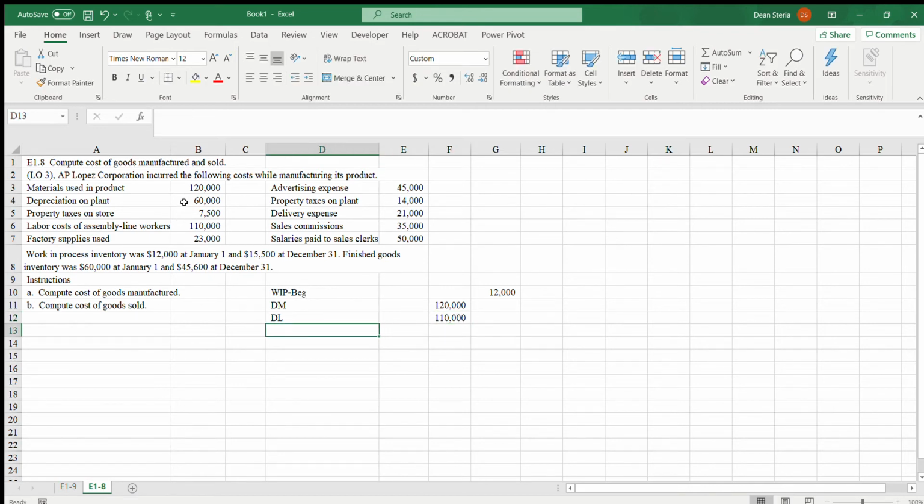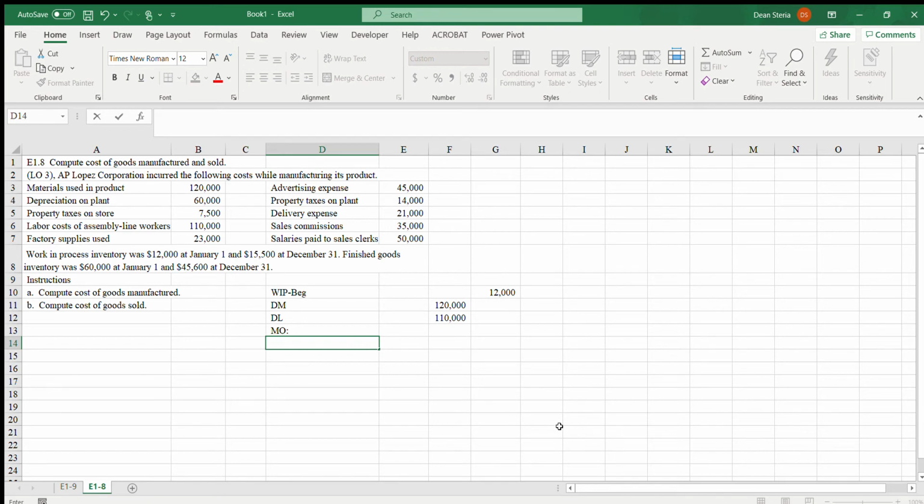And I'm pulling all these numbers from up here. They're all right up here. My materials used is right there. Okay. My labor is right there. Now, MO, manufacturing overhead, we have to add some numbers together.